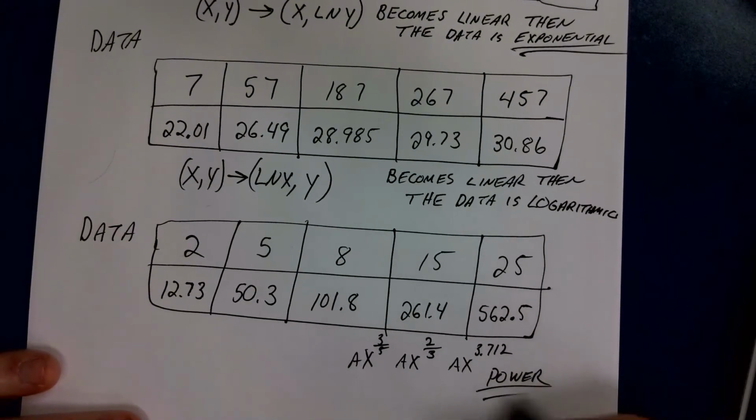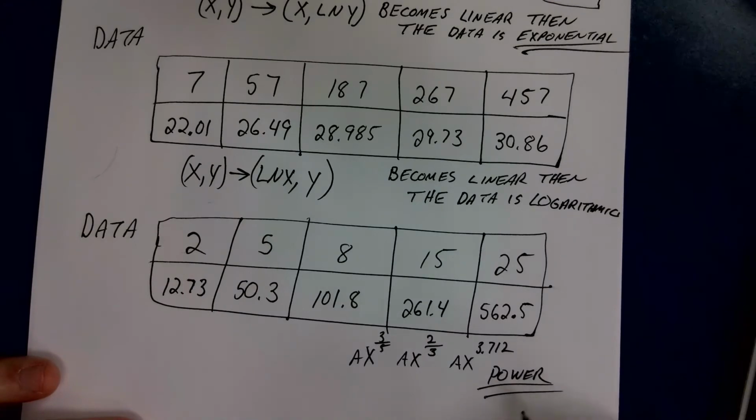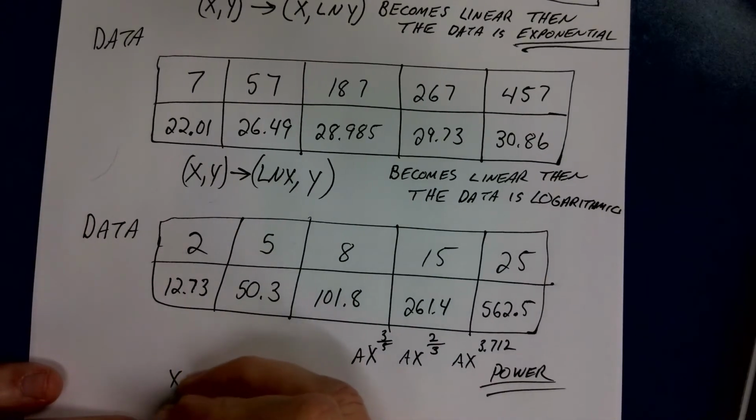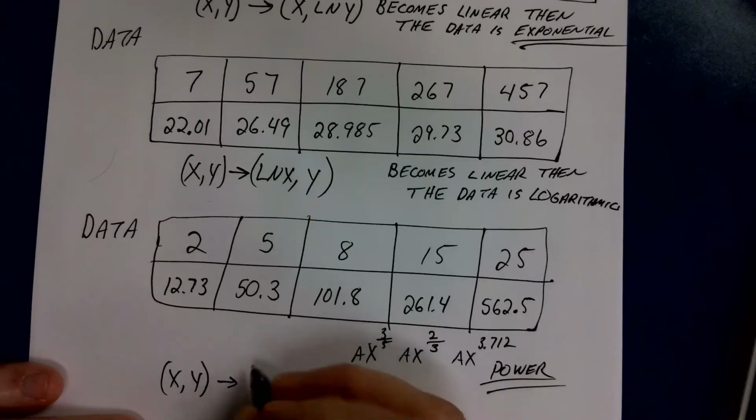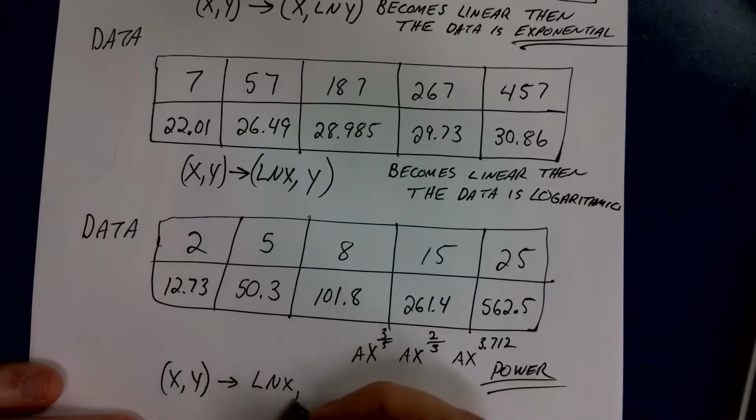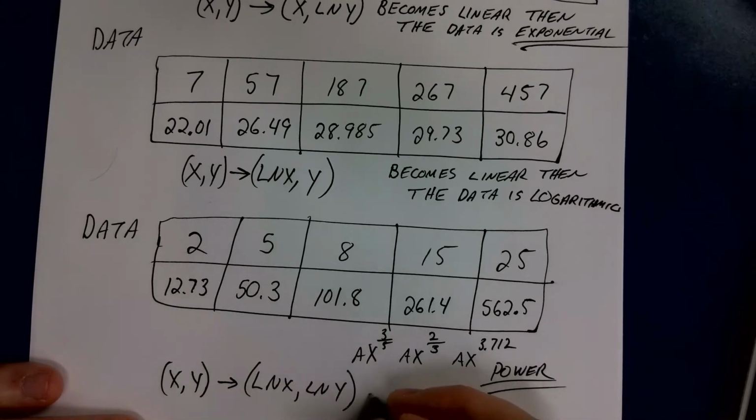And the data is a power function if this is true. If x comma y is re-expressed as ln x comma ln y. So you do it to both of them, and that becomes linear.